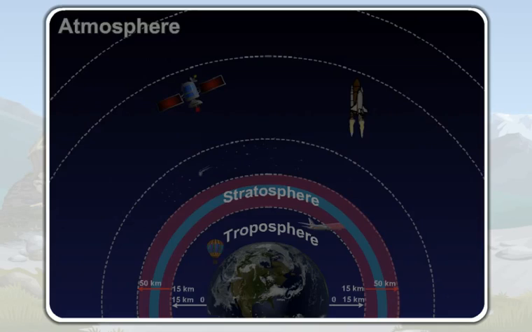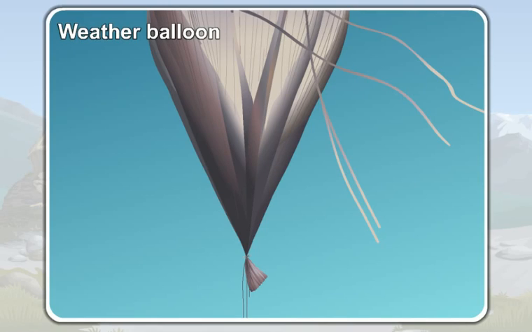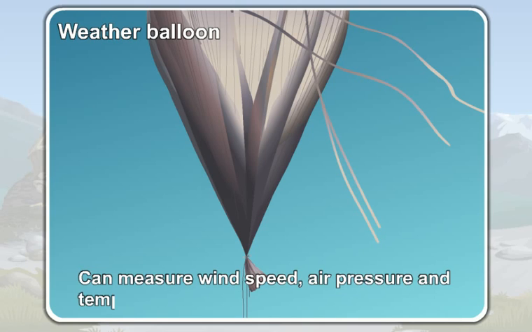Scientists place the weather balloons filled with hydrogen and helium in this region to forecast weather. These weather balloons can measure wind speed, air pressure, and temperature.